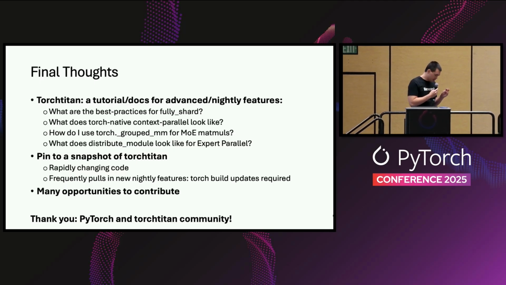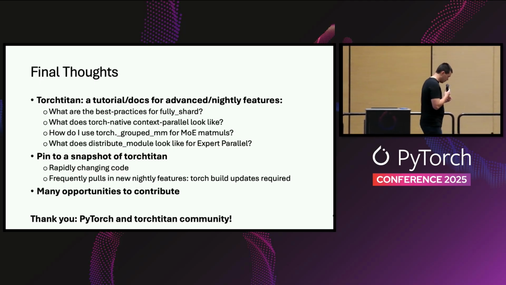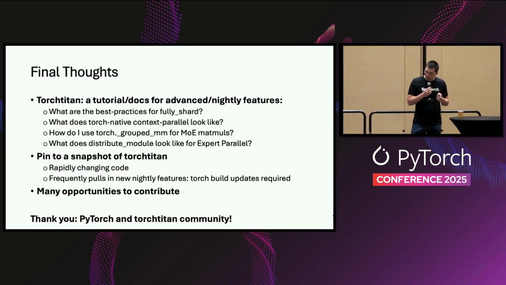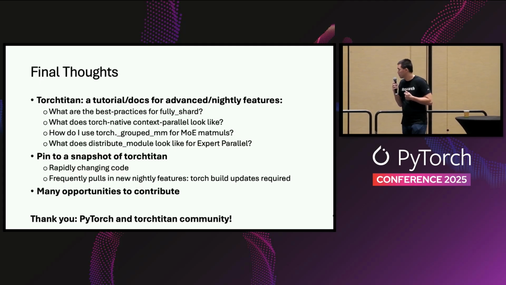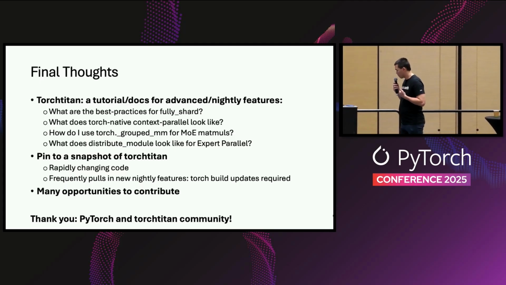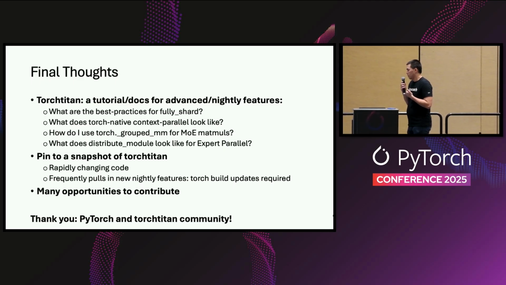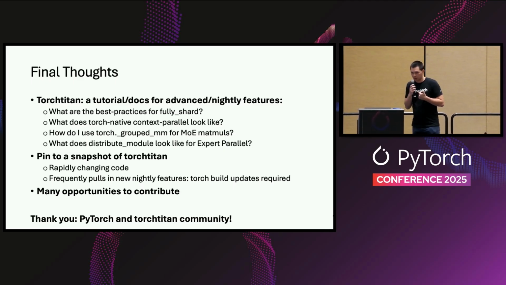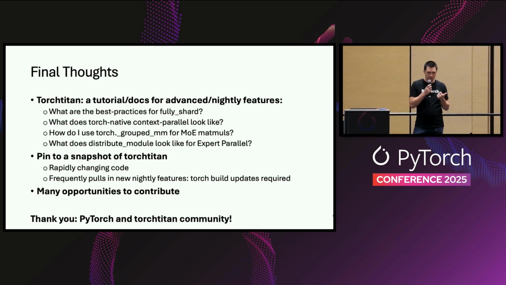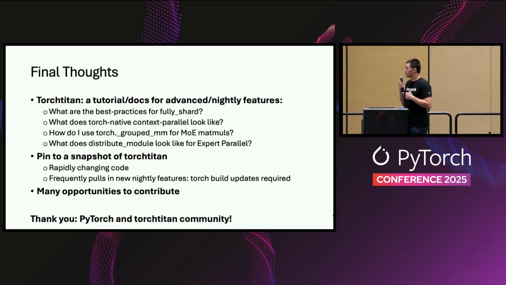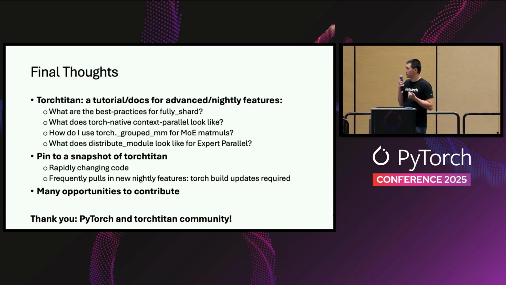So yeah, there's more I could say on TorchTitan, but I'll leave with just some final thoughts. One of the things that I've personally really loved about TorchTitan, and the way I view it, is that it's an excellent source for docs and tutorials about the latest Torch features, either for nightly features or just for really advanced features and how to use them properly.